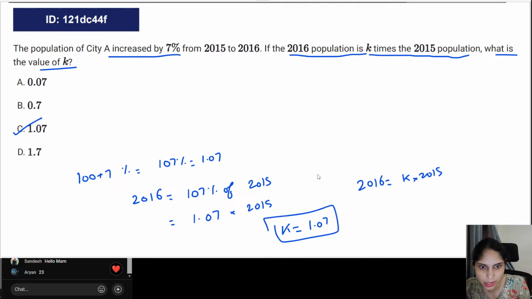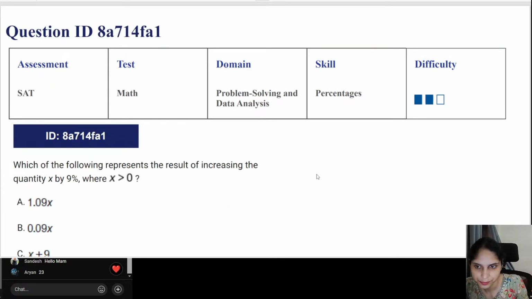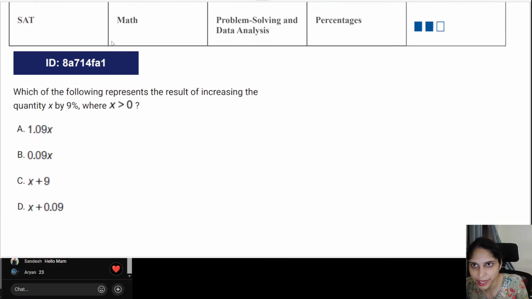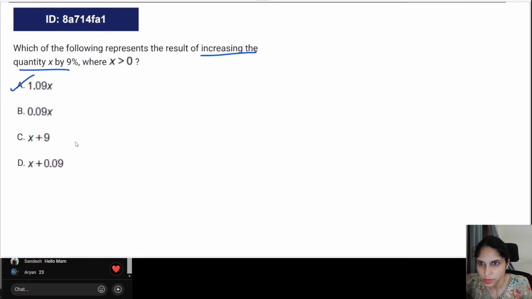Next is question number 16. Again, the same question: which of the following represents the result of increasing the quantity by 9%? So it should be 109%, that is 1.09x. Got it?